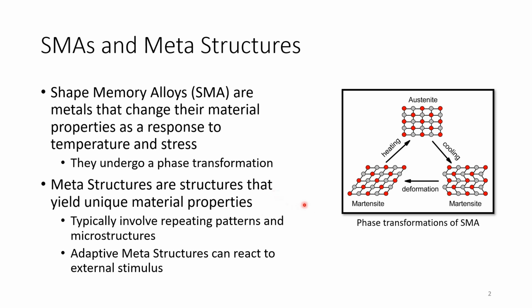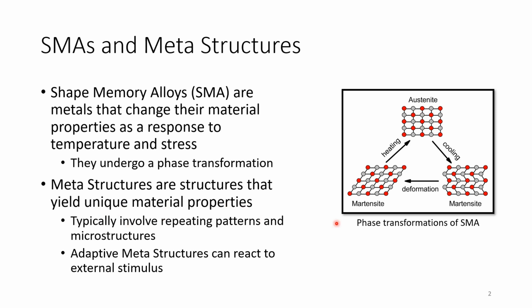Moving on to metastructures. Metastructures is a pretty broad term, but it refers to structures that yield unique material properties based on the structure they're made in, not necessarily the material itself. They typically involve repeating patterns and microscopic microstructures. Specifically in this project, we're also going to be looking at adaptive metastructures, where the unique material property that makes it a metastructure is the fact that it reacts to an external stimulus.